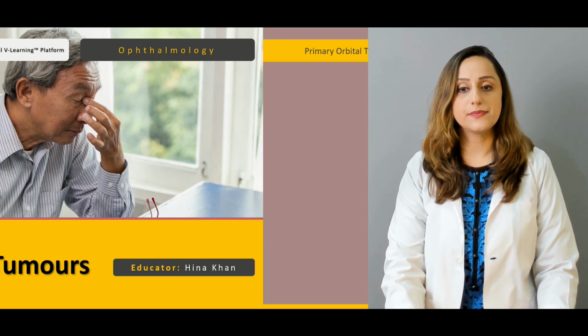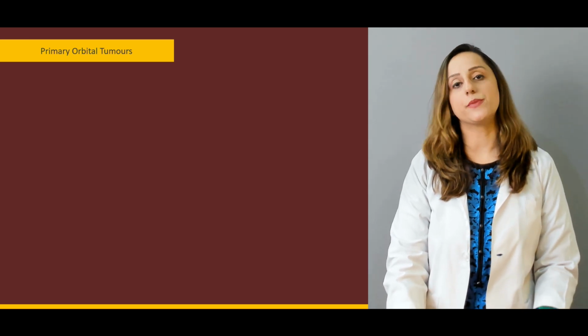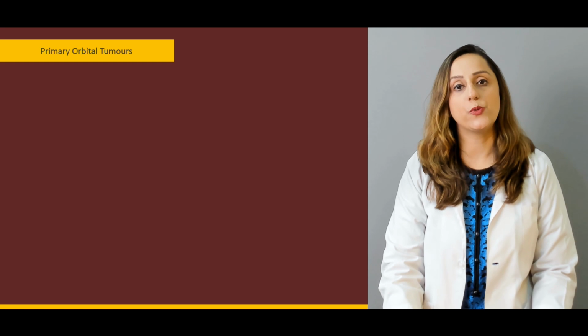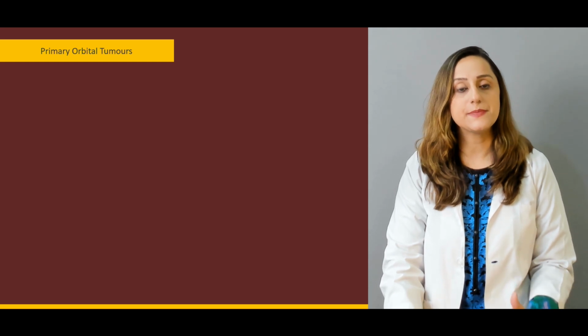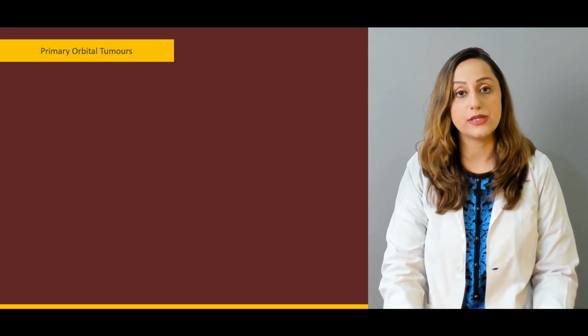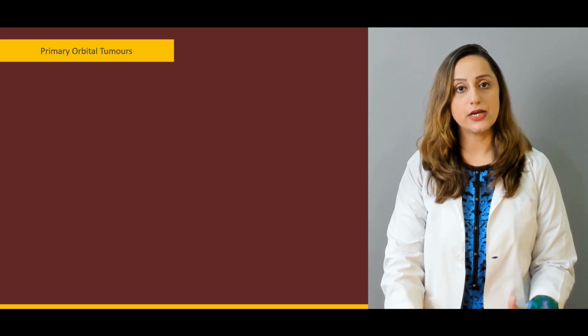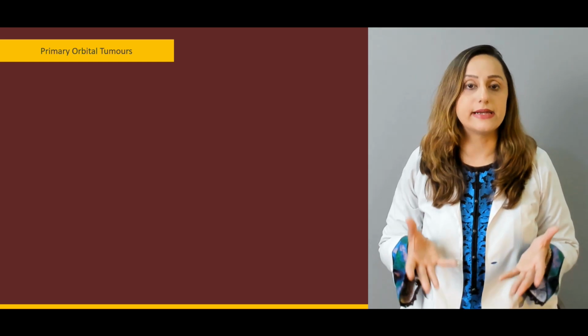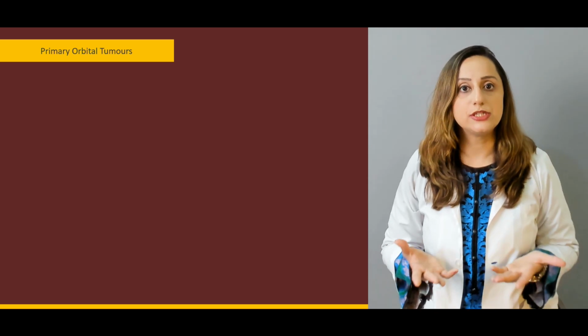So over here, first of all, we're going to start off with the primary orbital tumors. As we all know, when we talk about neoplasms elsewhere in the body, we have different types of these tumor conditions. It can be primary tumors arising in the locality of the orbital cavity, mainly the structures lying there, for example, the nerves and the mesenchymal tissue.